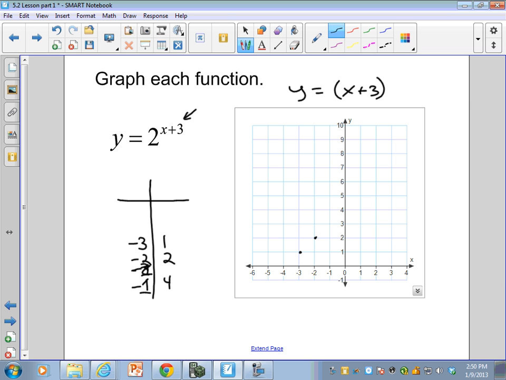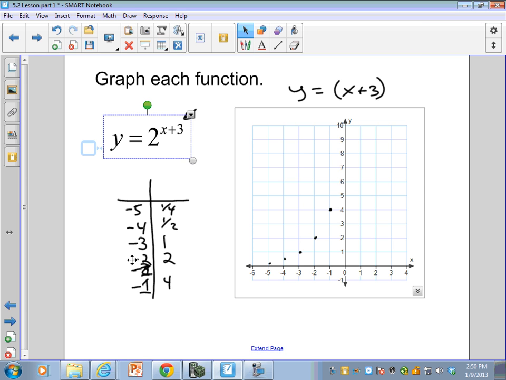So negative 1 would be up here at 4, like that. And if I go the other way, negative 4 would give me an exponent of negative 1, which would be 1/2. And negative 5 would give me an exponent of negative 2, which would be 1/4, down like that.